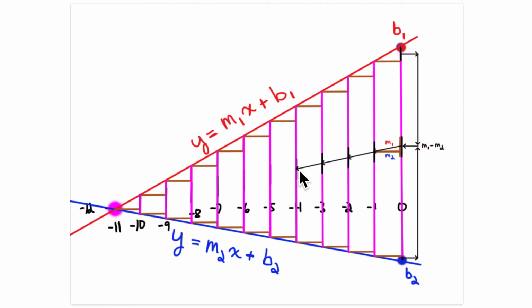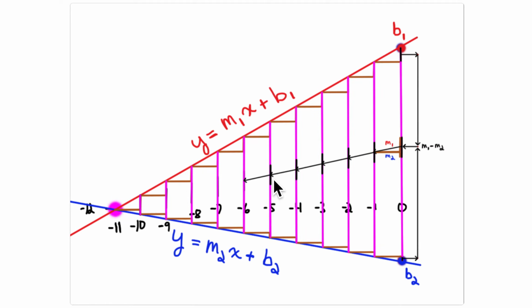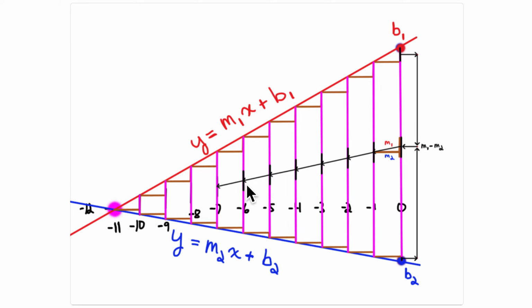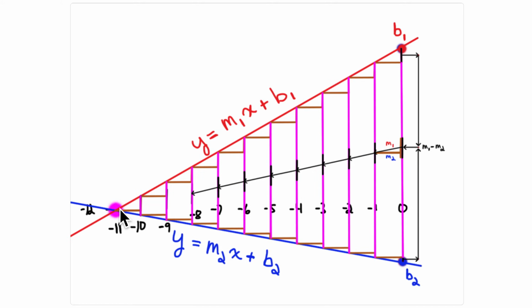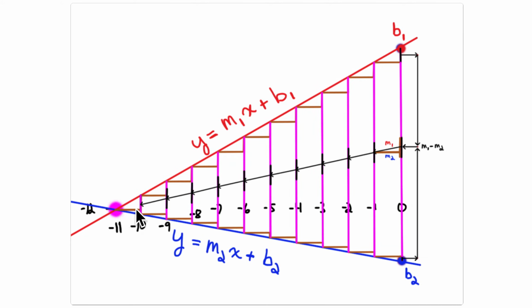This length is subtracted away. Same length. How many times can I do that till these lines intersect? And notice this last one, it is that length. One more time, and that gets you to this negative 11. So you can do that 11 times, but it's going in the negative direction.